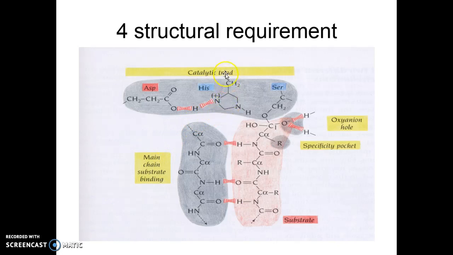First, the catalytic triad. The catalytic triad consists of the side chains of serine, histidine, and aspartic acid close to each other. The serine residue is the reactive group and forms a covalent bond with the protein substrate shown here.